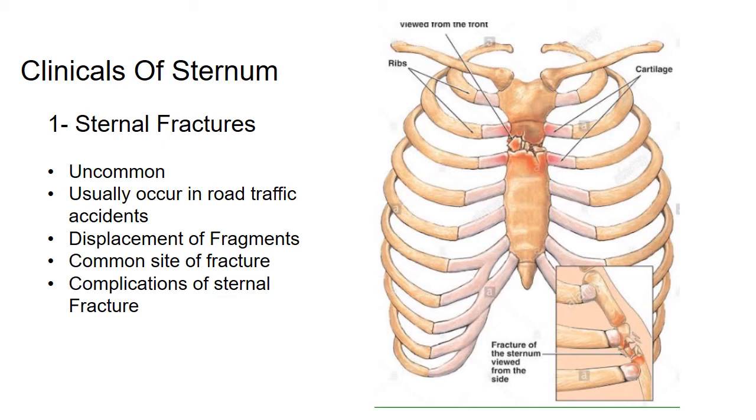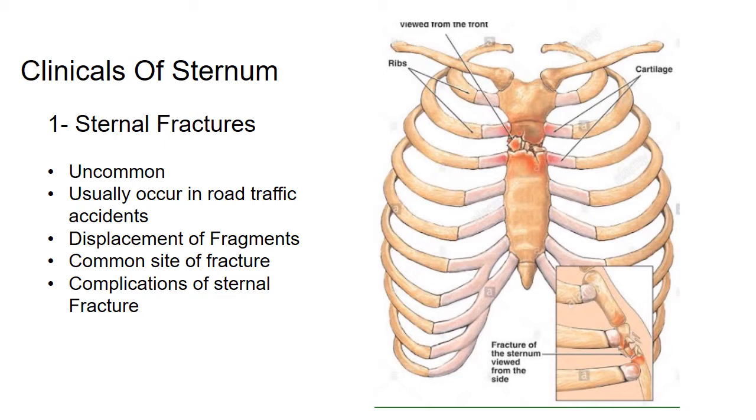It prevents the displacement of bony fragments of the sternum in cases of fractures. The deep fascia and the origin of muscle fibers of pectoralis major hold the sternum in place and prevent the displacement of its fragments.